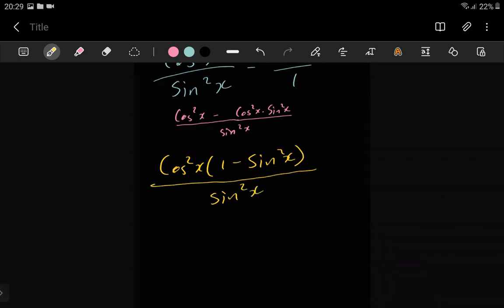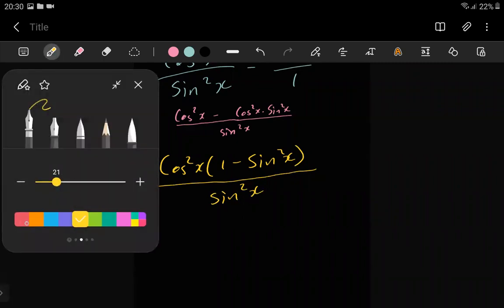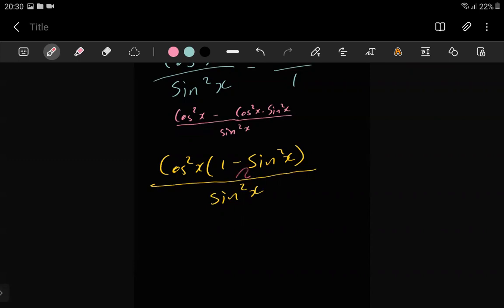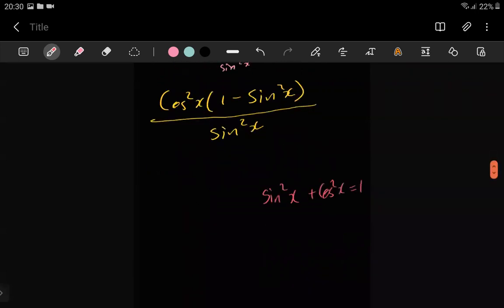Now this is where trigonometry comes into play, the square identity. This here you can change to cos squared x, because remember we stated that sin squared x plus cos squared x is always equal to 1. You're always able to rearrange this depending on what works for you. If you want sin squared on its own, it's equal to 1 minus cos squared x.